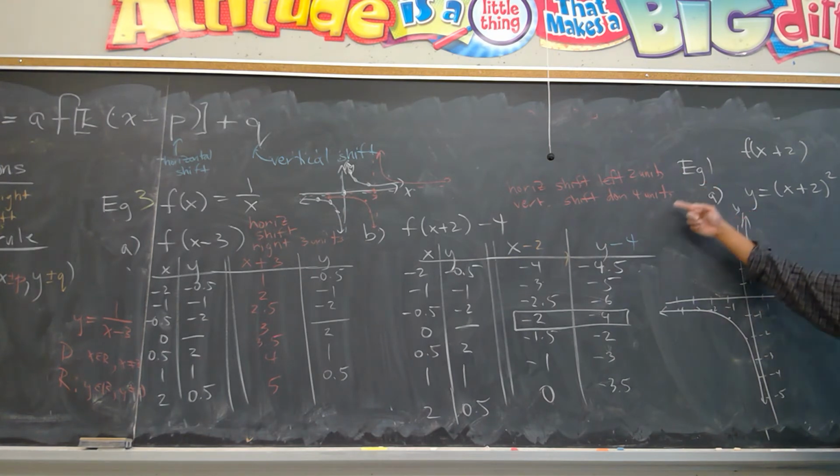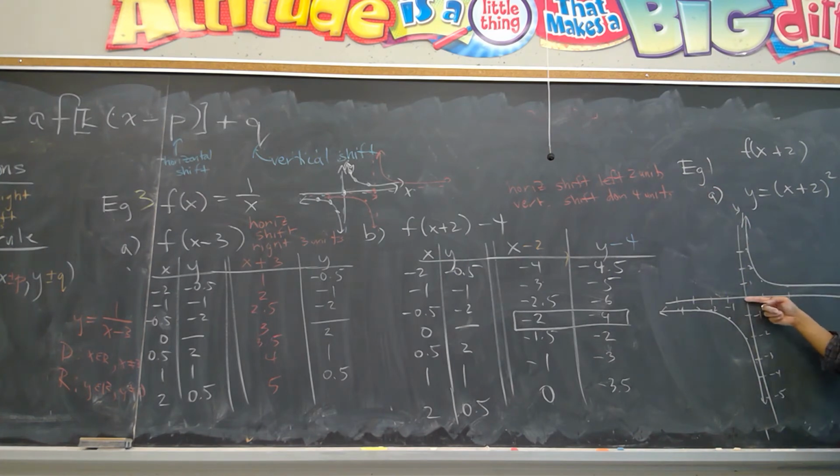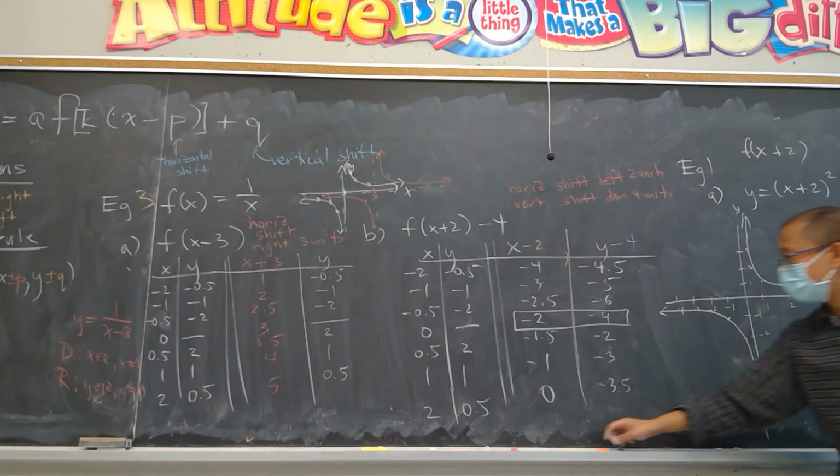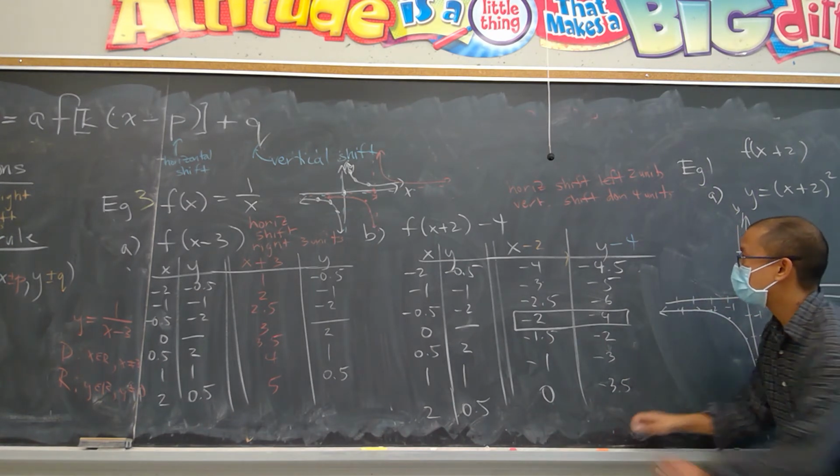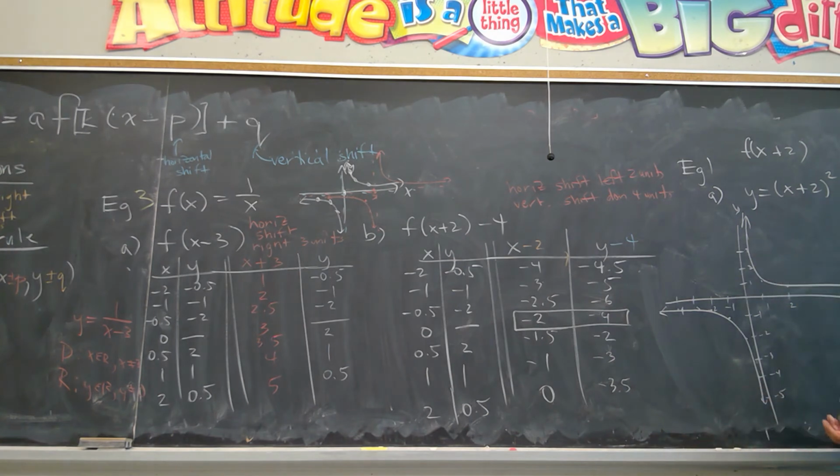But if I follow the translation that I think Alex told us, it goes left 2 units and then 4 units down. So 1, 2, 3, 4. So I think blue and orange. So going left was orange, and going down was blue. And the blue and the orange represent the asymptotes.